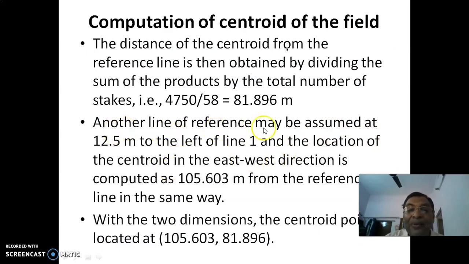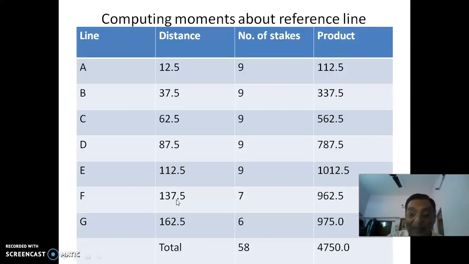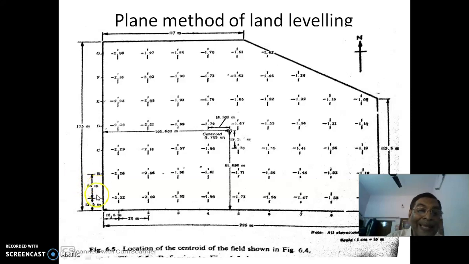So another line of reference may be assumed at 12.5 meters to the left of line 1, and the location of the centroid in the east-west direction is computed as 105.63 meters from the reference line in the same way. Again, I repeat, going back, this is the reference line which is at 12.5 meters from line 1.